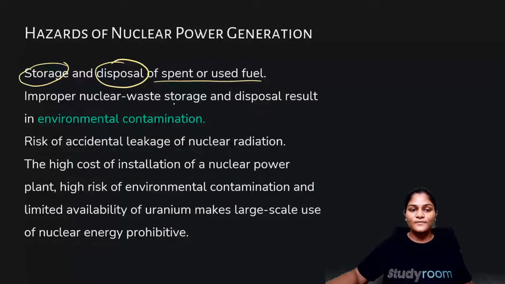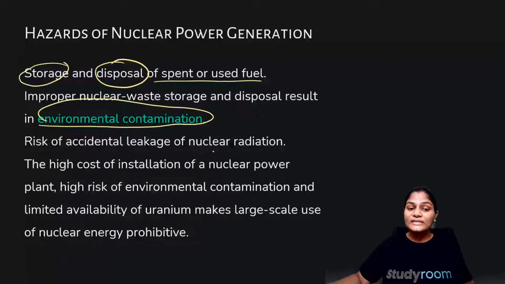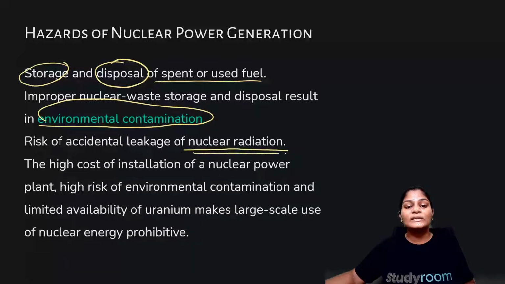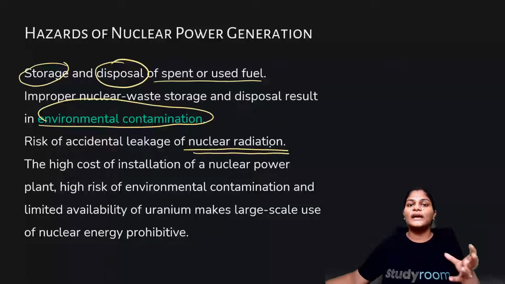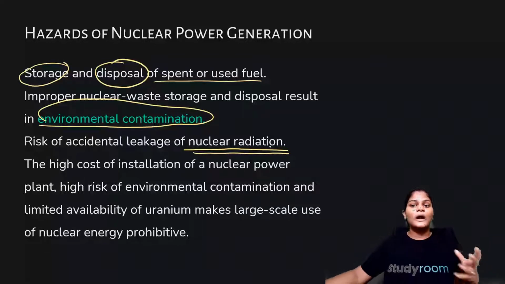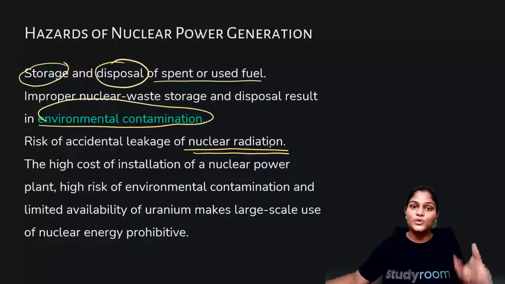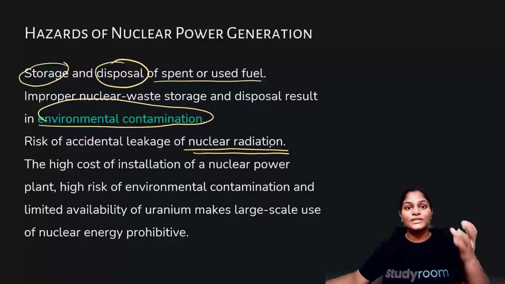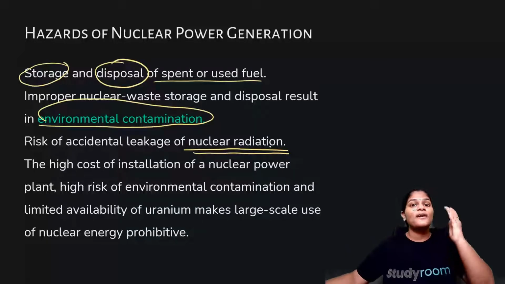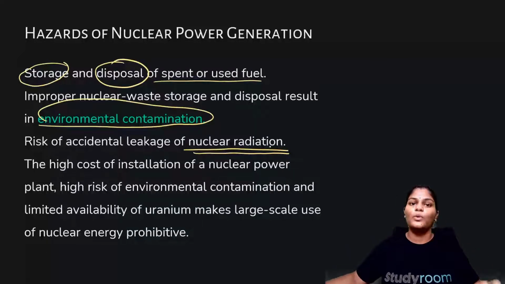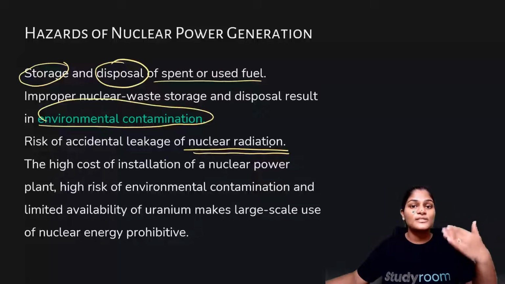Disposal of spent or used fuel. Improper nuclear waste storage and disposal result in environmental contamination. Okay, the risk of accidental leakage of nuclear radiation. This is what I was talking about, the radiation. That is the most dangerous side effect, and the most dangerous part of using nuclear energy as a source of energy or for generation of electricity, because the radiation is very, very dangerous for anyone that comes into contact with it or is exposed to it, right?